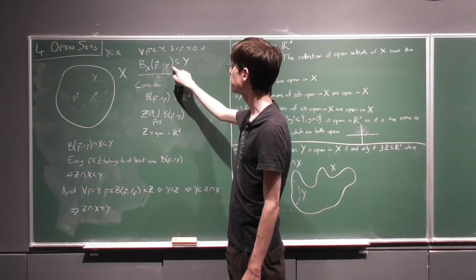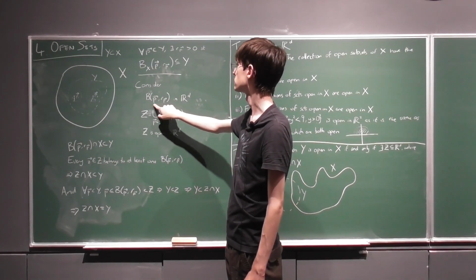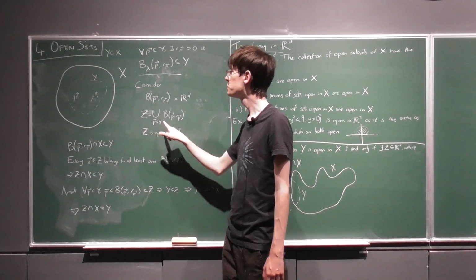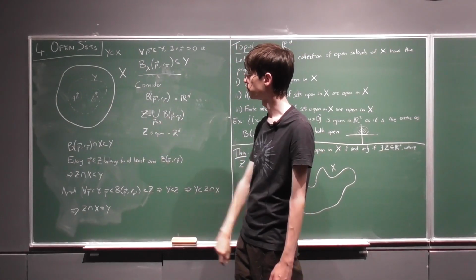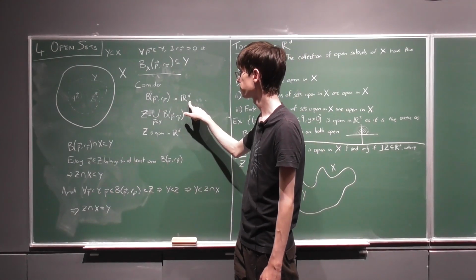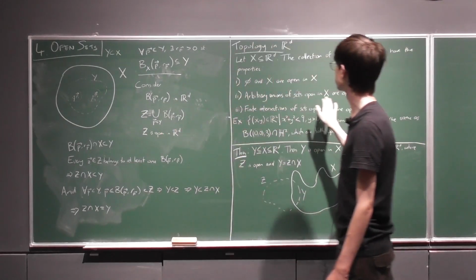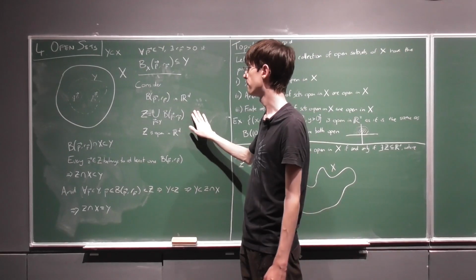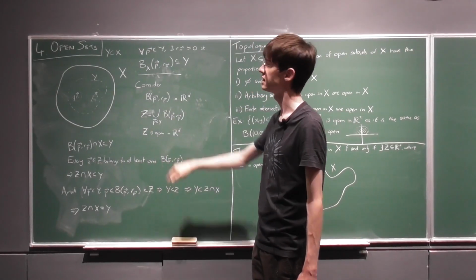Now, if we consider the same radii that we have for each point, but as just regular balls in Rd, and then take Z to be the union of all those balls as P ranges over all the points in Y, well, each of these balls is open in Rd because they're open balls, and arbitrary unions of open sets are open. So that means that this infinite union is still open because it's a union of open sets, and Z is open.